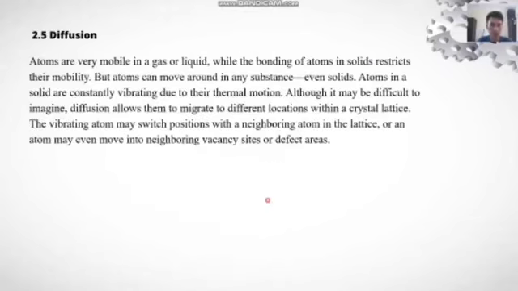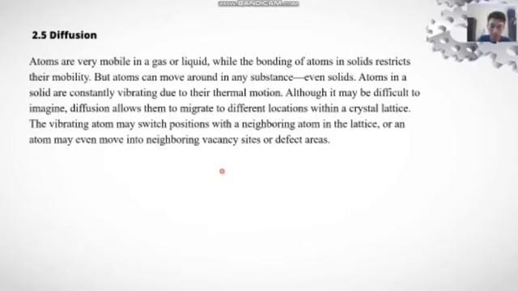2.5 Diffusion. Atoms are very mobile in a gas or liquid, while the bonding of atoms in solids restricts their mobility. But atoms can move around in any substance, even solids. Atoms in a solid are constantly vibrating due to their thermal motion.